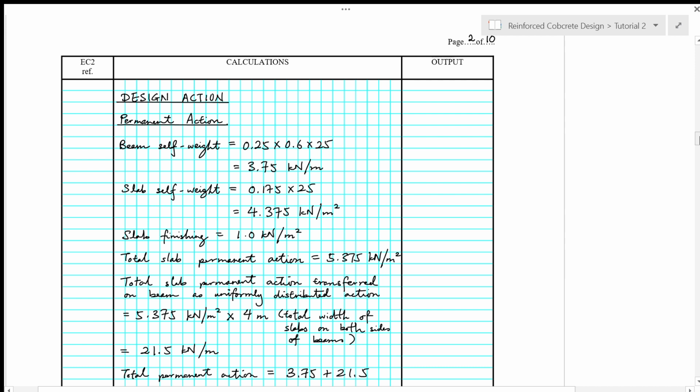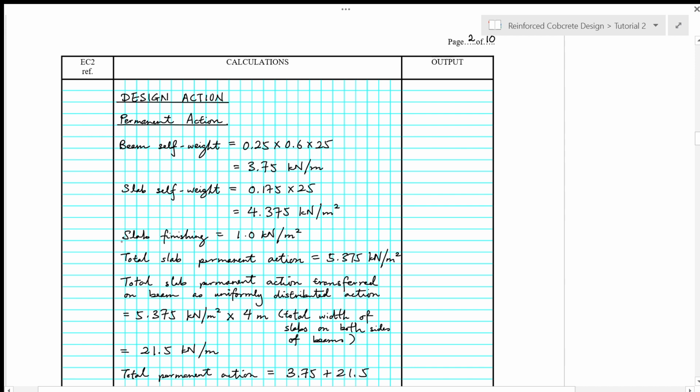And then for the slab self-weight, we use the thickness of the slab multiplied by the concrete density to get the load per unit area. So we get 4.375 kilonewton per square meter.